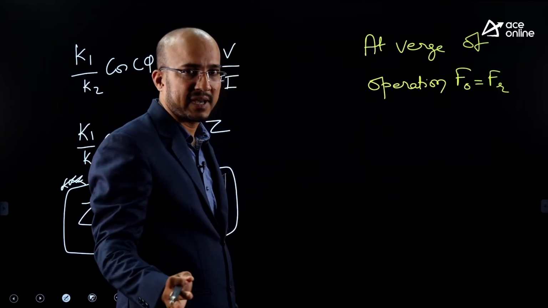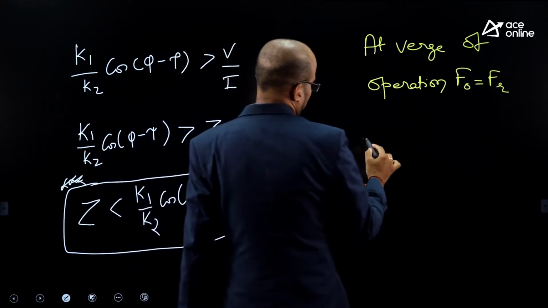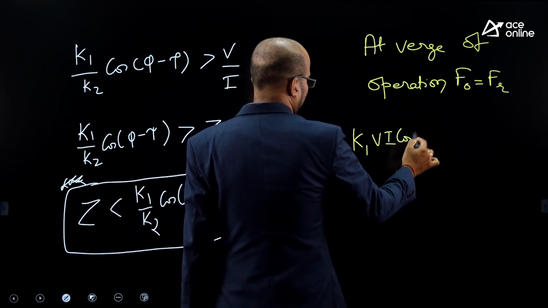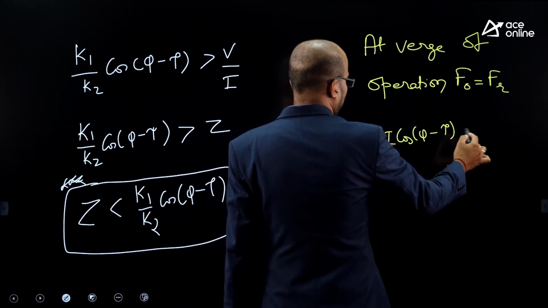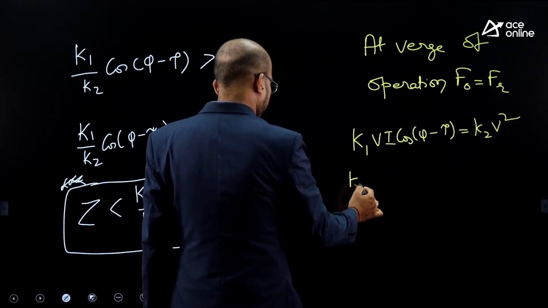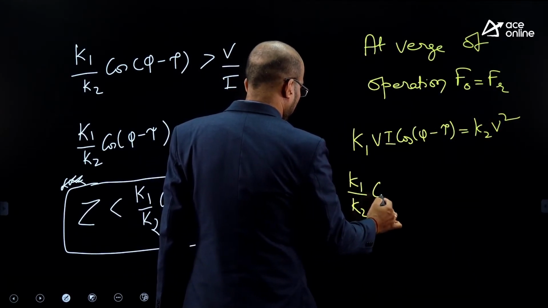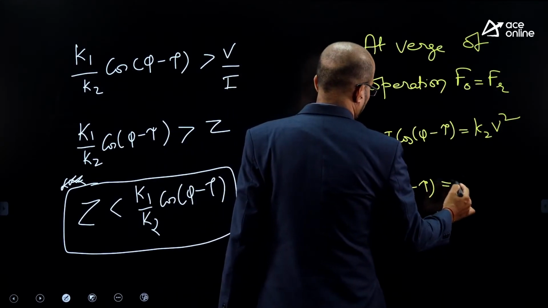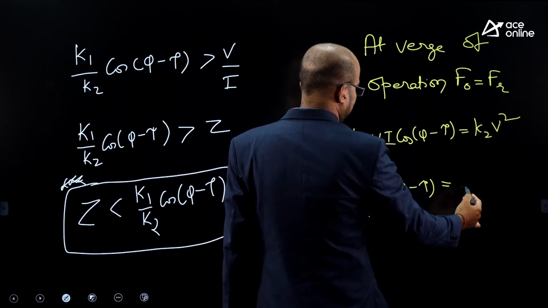Here operating force is K1 V I cos of phi minus tau. Restraining force is K2 V square. So, here K1 by K2 cos of phi minus tau is equal to V by I, that is nothing but Z.